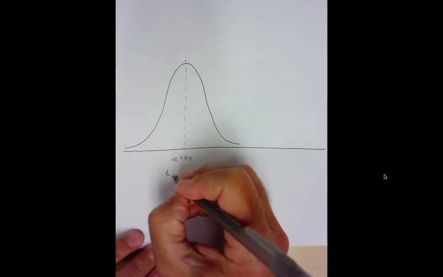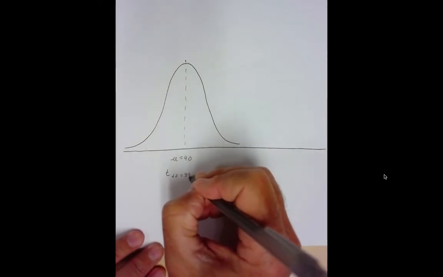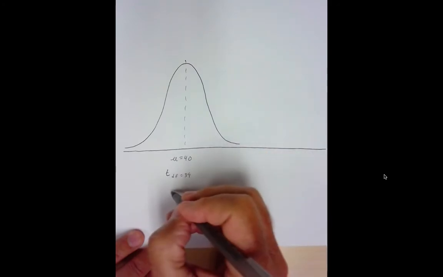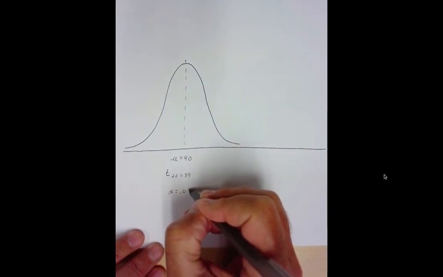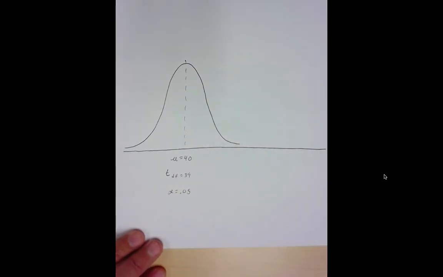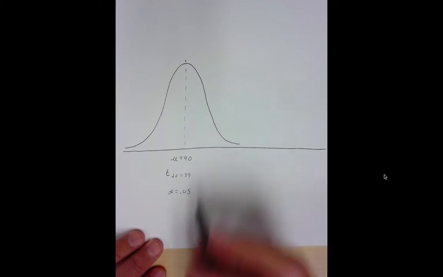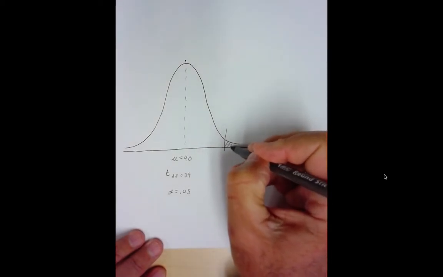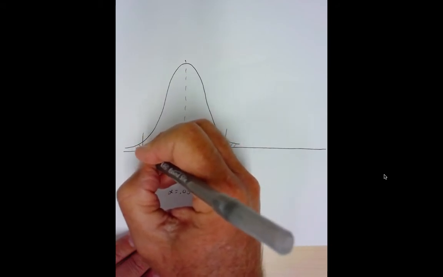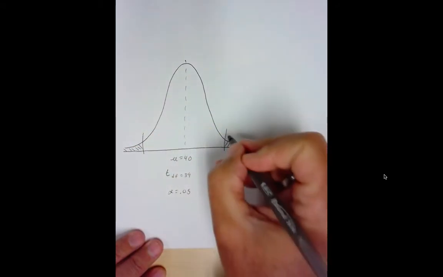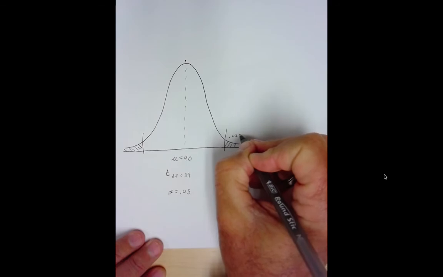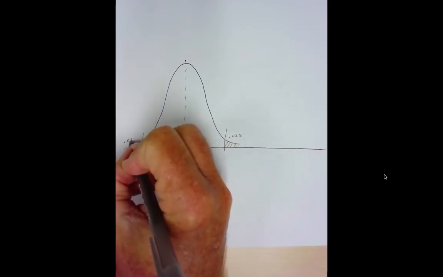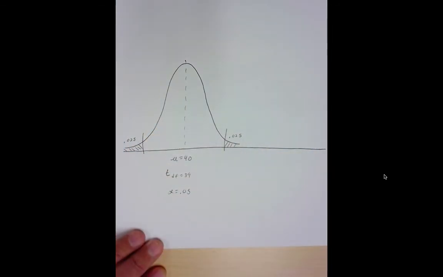But it's a t-distribution, degrees of freedom 39. I'm going to be consistent, set the probability of a type 1 error at 0.05, but I have rejection region in both tails now. Half of that rejection region, 0.025, in the left tail, half of it in the right tail, 0.025.